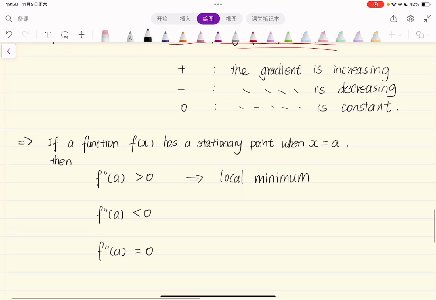If the second derivative is less than 0, the gradient starts to decrease. That is a local maximum.